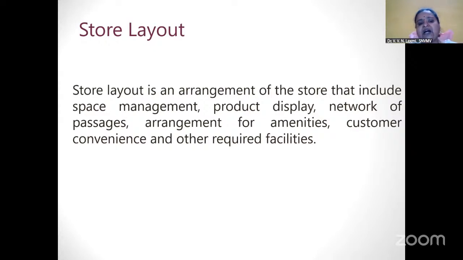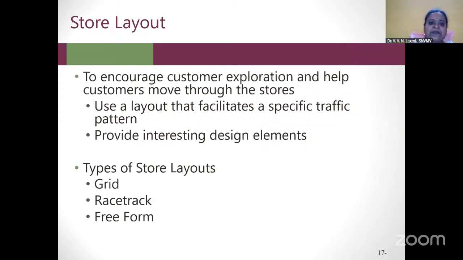Basically, store layout talks about how the shelves are arranged in a particular store so that various merchandise can be neatly arranged or displayed on those shelves, and movement of the customers from one area to the other will be very, very smooth in that particular store.